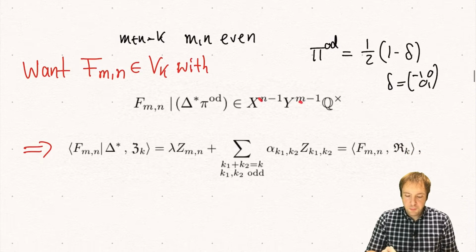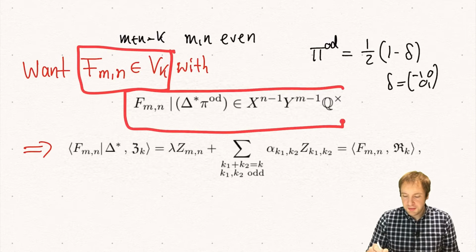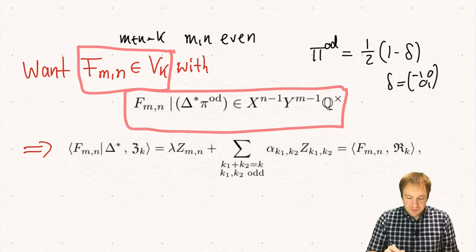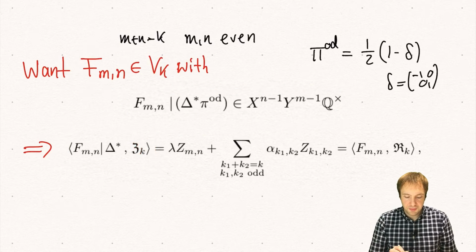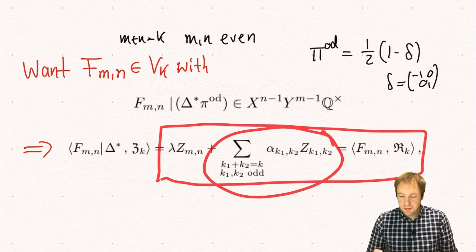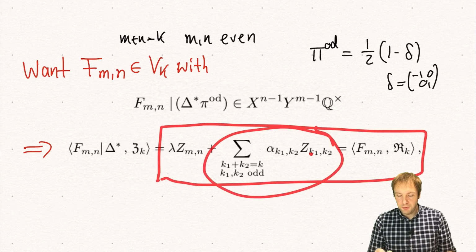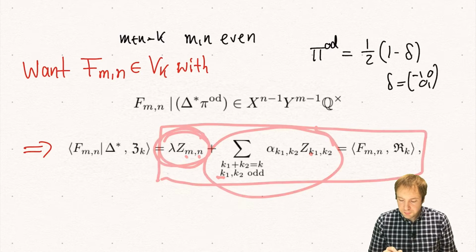So in other words, if we can find f_mn with this property, then this relation we get out of pairing this with the generating series Z zeta k gives us a relation of this form here, where everything in DES2 is something with odd, except for this one single even.